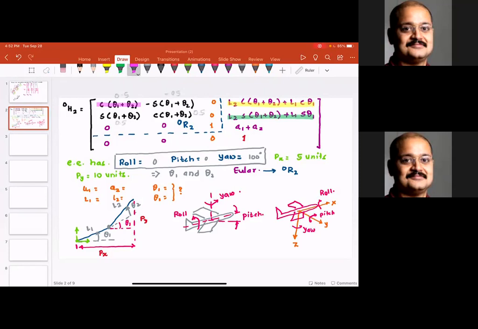So I would multiply L2 by 0.5 and then subtract that quantity from the first row, fourth column. Do you agree with me? When I do that, I get L1 cosine theta 1 equal to something, and from there I can find the value of theta 1.